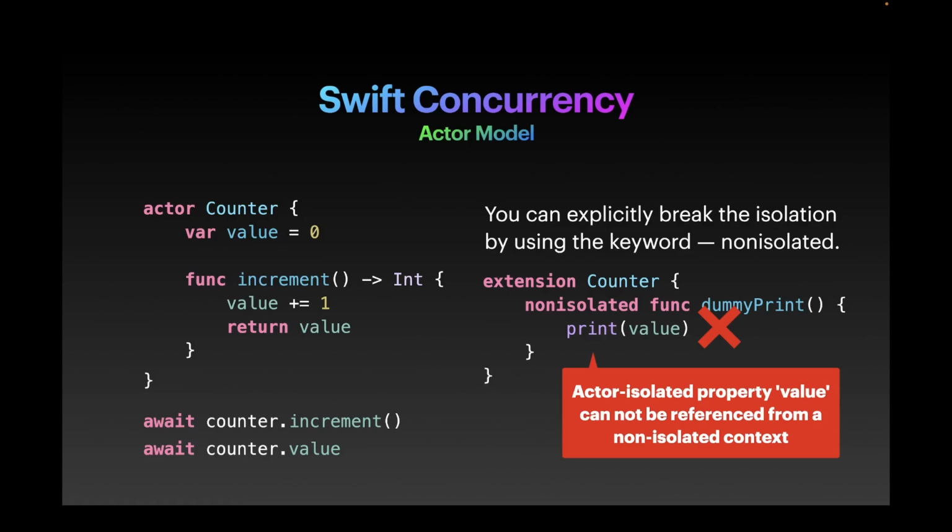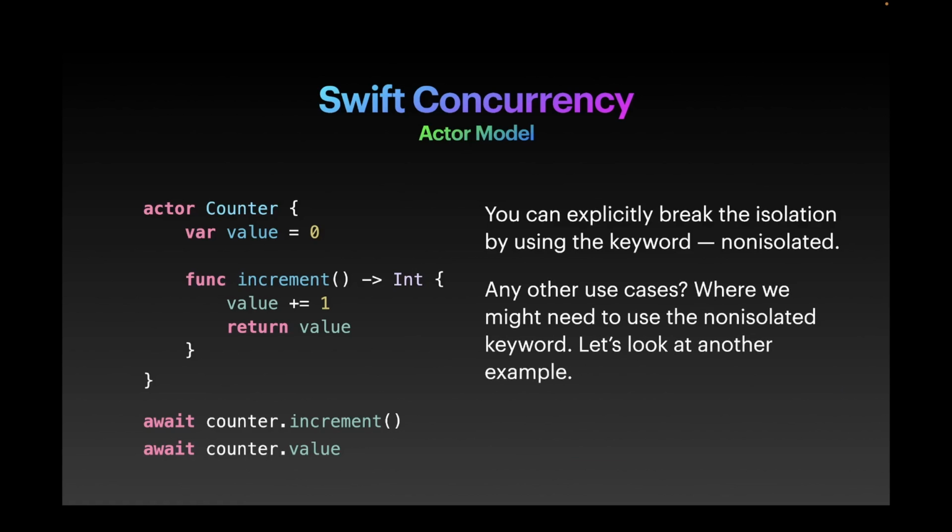In this case, the Swift compiler is smart enough to spot the problem inside your code. You are referencing a variable that is supposed to be isolated, but you marked that as nonisolated, which is not really a safe operation and it's not allowed. So it gives you an error, and you won't be able to compile your project in this case.